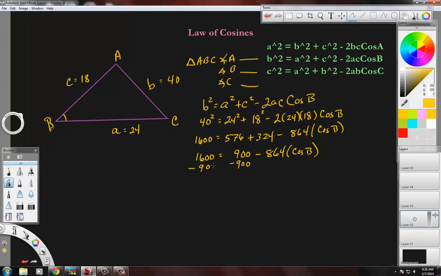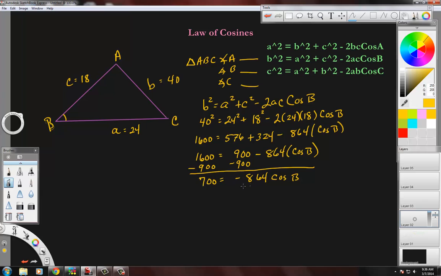It's like a normal algebra problem. That's all this is. So 1600 minus 900 is 700 equals, and the 900 becomes 0, and this over here is negative 864 cosine B.